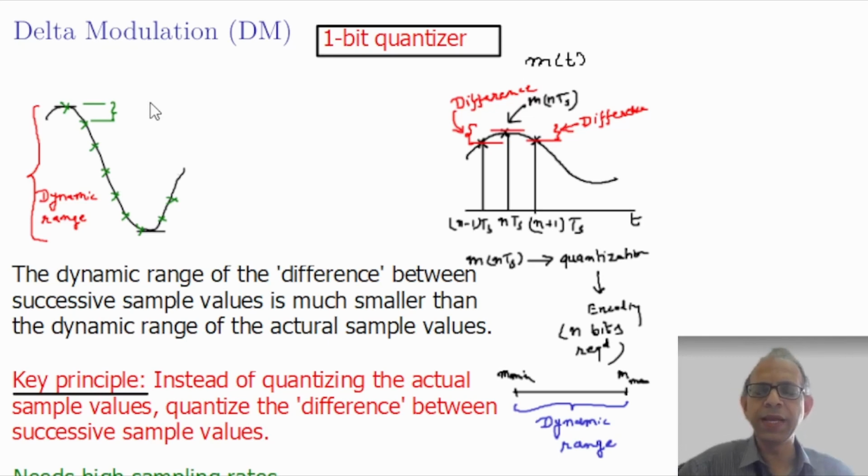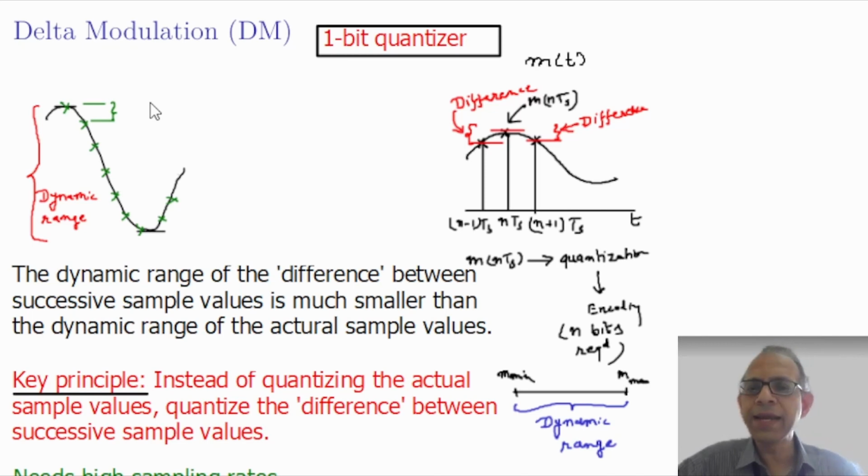It is worth noting here that in PCM, the dynamic range is fixed, and to increase the accuracy, we need to use more quantization levels and therefore more bits per sample. In delta modulation, the number of bits is fixed at 1, and to increase the accuracy of representation, we need a higher sampling rate so that the dynamic range of the successive sample values is reduced.